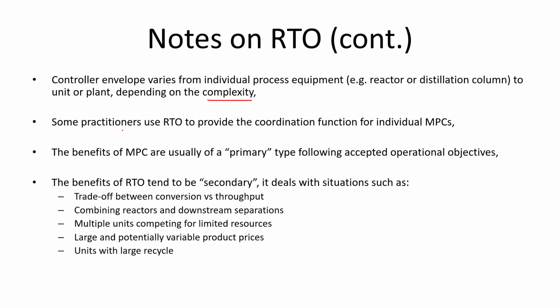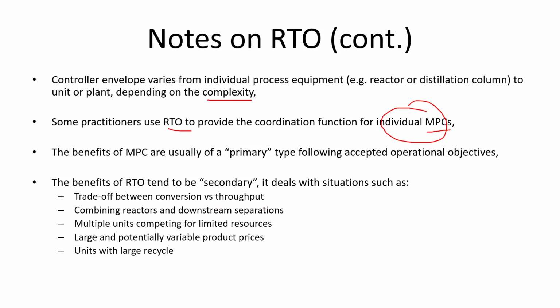It says also some projects use RTO to provide a coordination function for individual MPCs, because this is for the whole plant or a big chunk of the plant, while the MPC is more like an individual process control. So it has to coordinate. For example, an MPC for a distillation column will tell what to adjust in such a way that it can maximize the product flow.